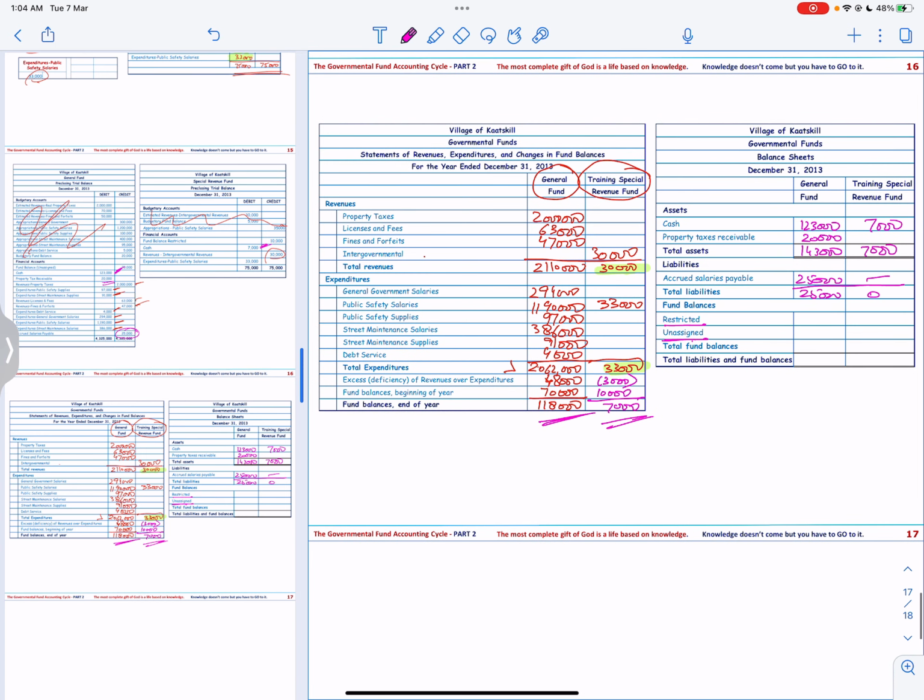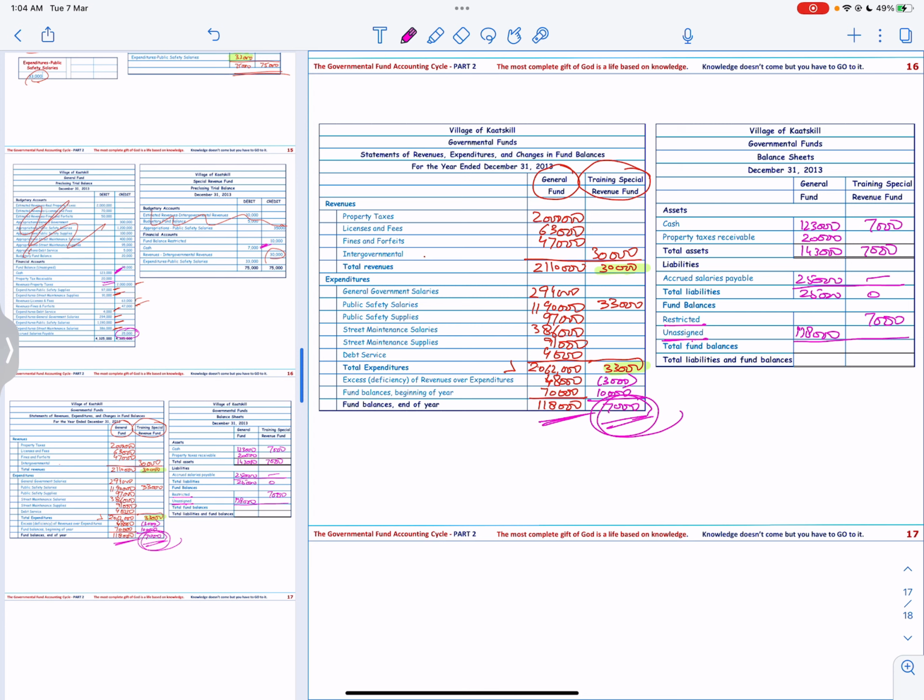Unassigned will be for general fund, and that is 118,000, and for special revenue fund it was 7,000. So the total funds are 118, and this is going to be 7,000.